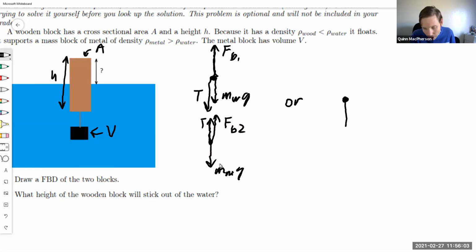It has a gravity force downward of M metal plus M wood times G, and it has two buoyancy forces straight upward, force buoyancy 1 and force buoyancy 2. This free body diagram for the entire object will be easier to analyze for finding the unknown height, because we don't have to deal with the extra tension forces.